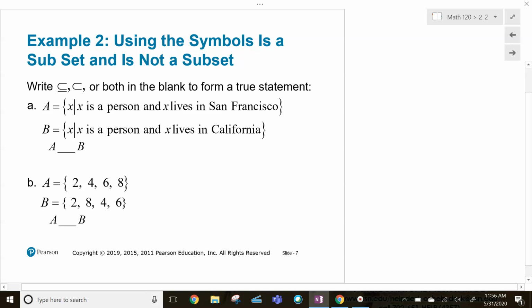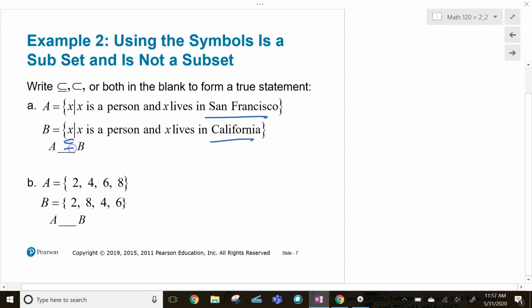So here we go. Let's look at this one here. A is the set of all elements X such that X is a person that lives in San Francisco. B is a person that lives in California. So the question is, first of all, are they a subset? Does every person that lives in San Francisco live in California? Yes.